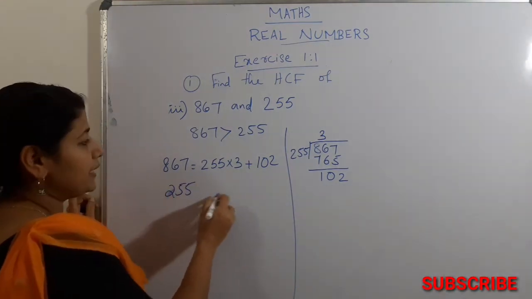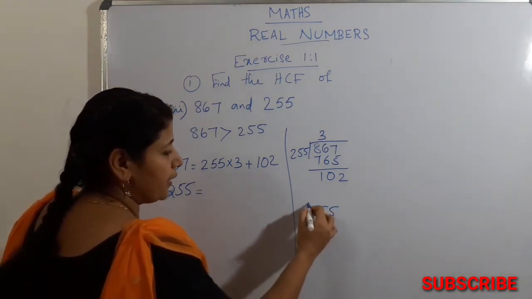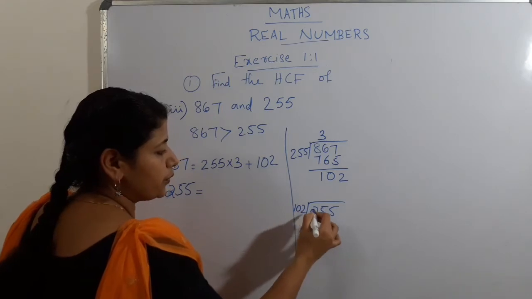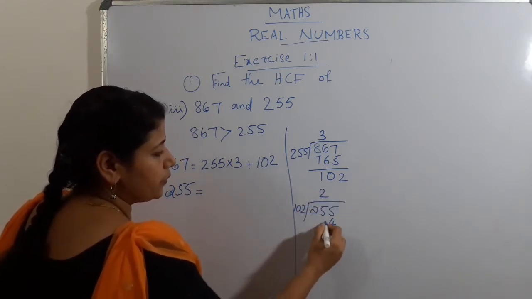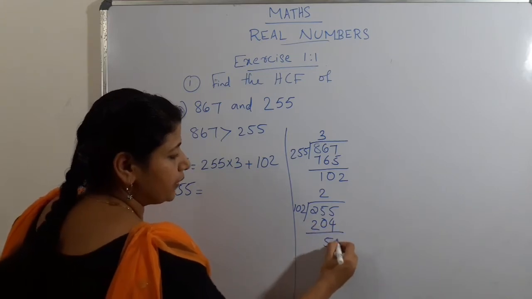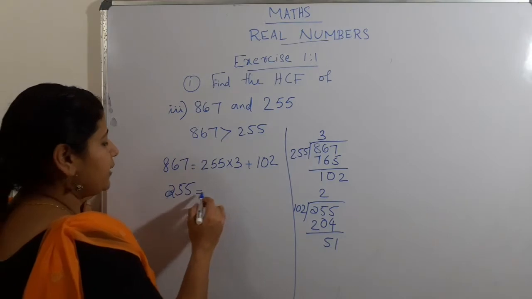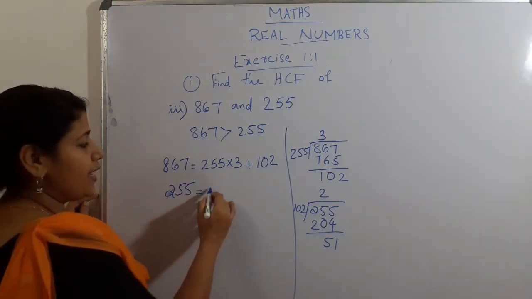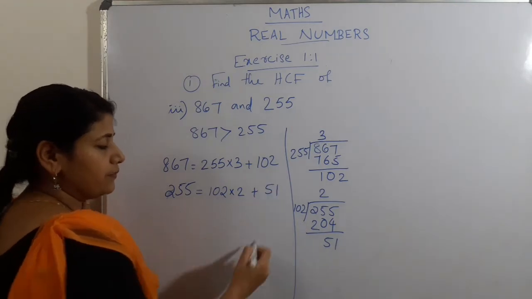So we write 255 as a multiple of 102. Just divide 255 by 102. It will go 2 times, 2 into 102 is 204, and the remainder is 51. Here also the remainder is not 0. So we can write 255 as 102 into 2 plus 51.